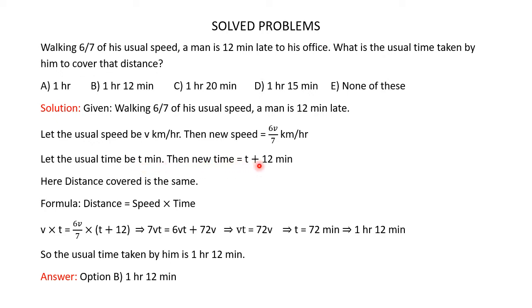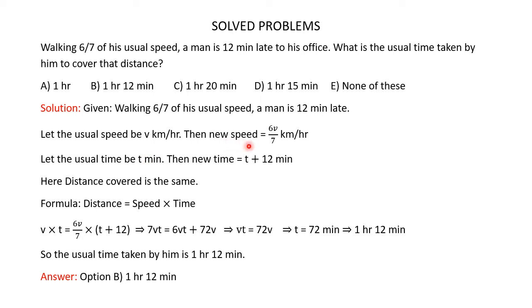Then the new time is t plus 12 minutes. Now here the distance covered is the same. We know the formula for distance is speed multiplied by time. Now at the usual speed of v kilometers per hour and usual time of t minutes, distance will be equal to v multiplied by t.